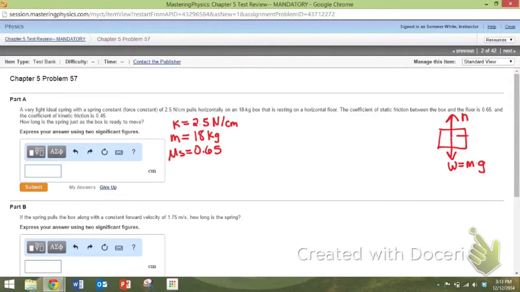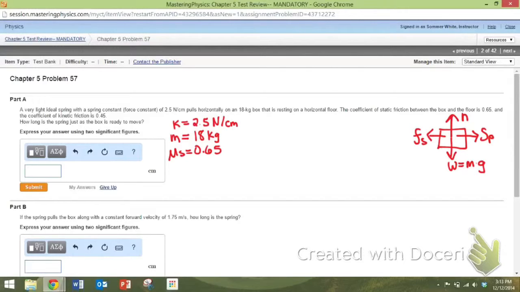We also have our pulling force here, that is our spring force, which I'm going to call SP. And then we have our force that is impeding our motion, keeping it stationary. This is our static friction. When we have all this information, we can start building our equations. As we build our equations, we find out quite a bit of information.